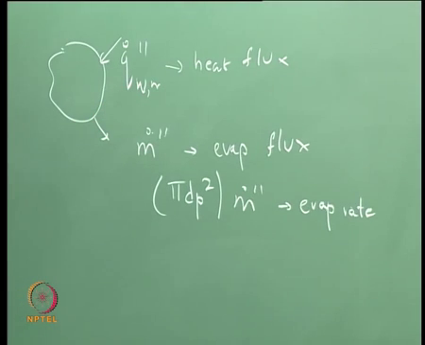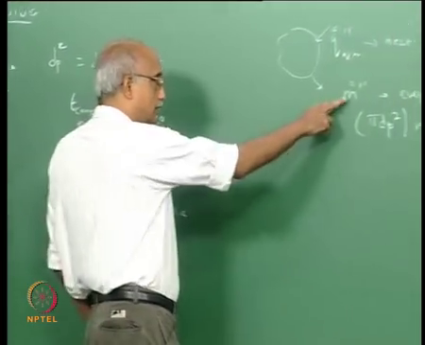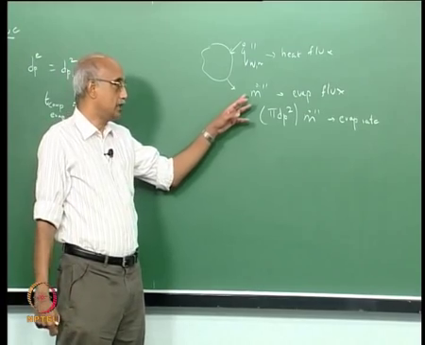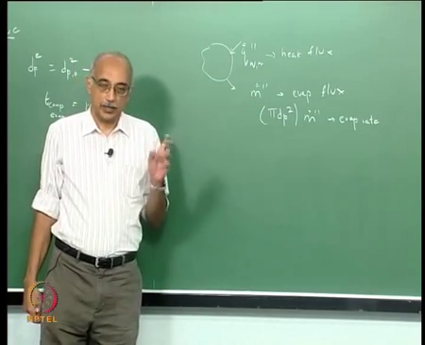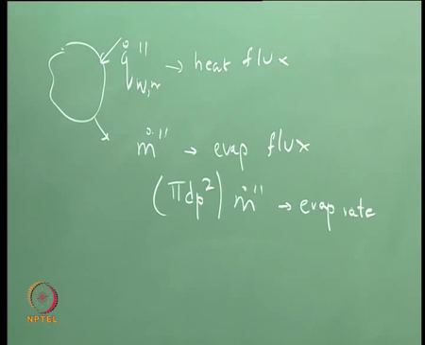The amount of heat that you are providing determines the rate at which evaporation is happening, and therefore any expression that you write for evaporation rate as a function of time must include the component of heat flux that is being supplied to the droplet.